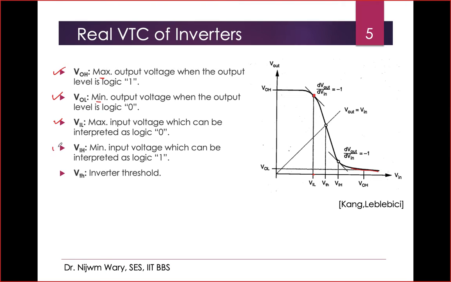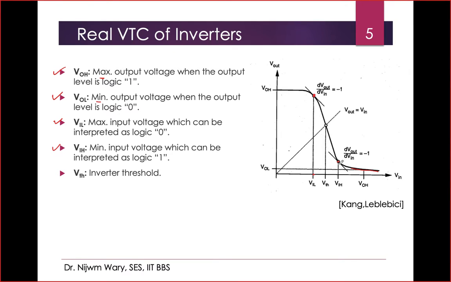Similarly, VIH is defined as the minimum input voltage which can be interpreted as logic 1. So this is the point. Any value higher than this can be termed as logic 1 at the input of the inverter, but below this point it's ambiguous, especially in this region, we are not very sure what it is.